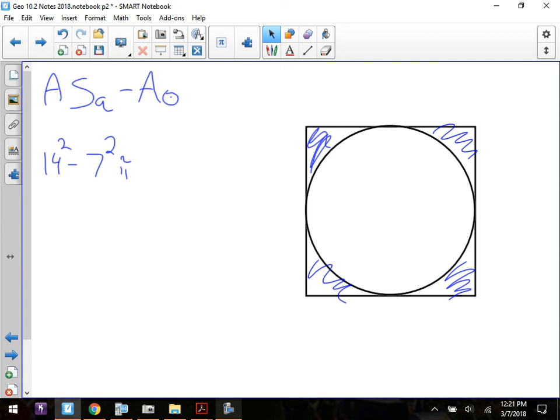Oh yeah, square is side squared. Have a 25.